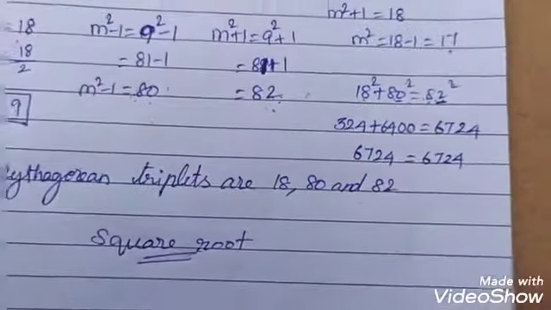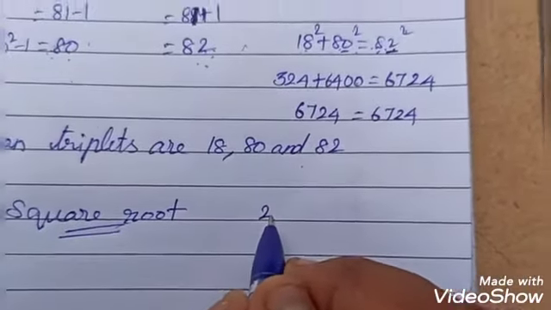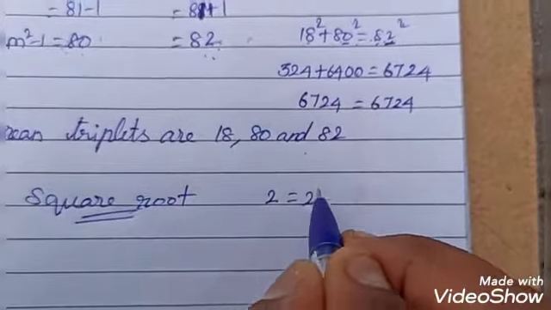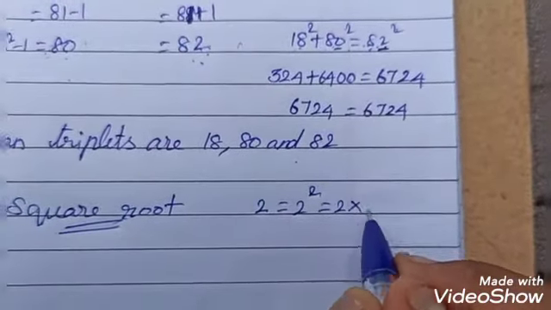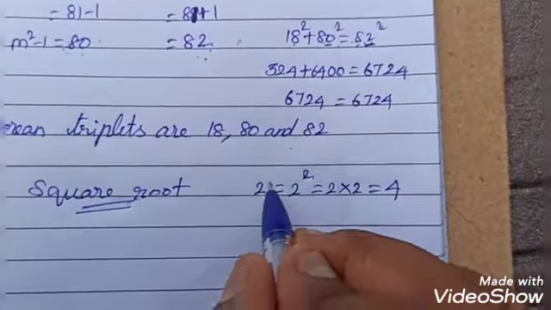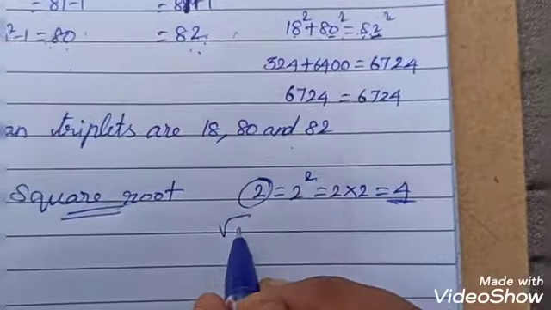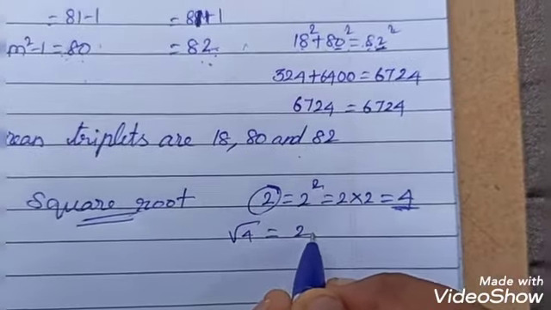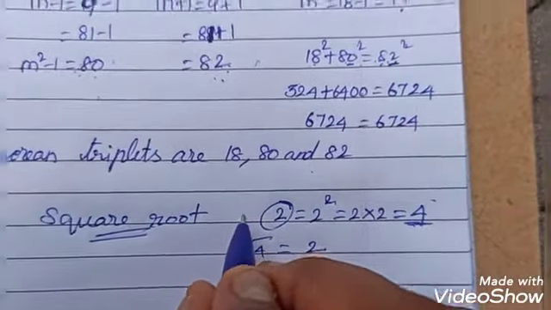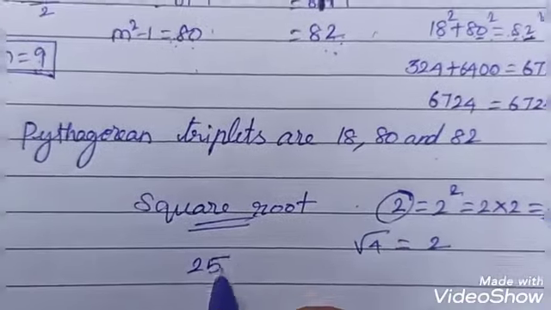Square root is nothing but the reverse of a square number. For example, 2 is a number. 2 square is a square number, that is 2 into 2 equal to 4. So the square of 2 is 4, and the square root of 4 is nothing but 2. So the reverse of this is square root. How do you find the square root? For example, take 25.